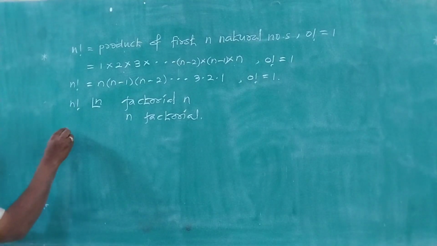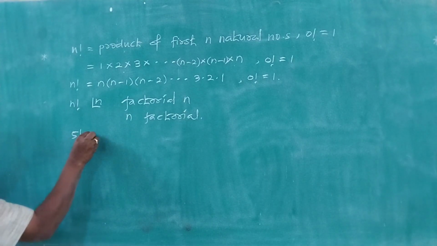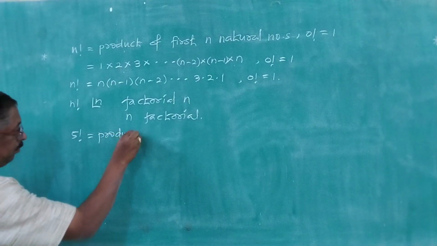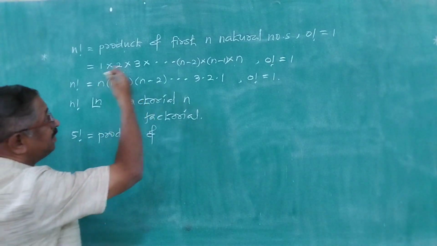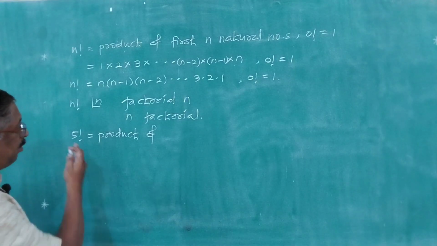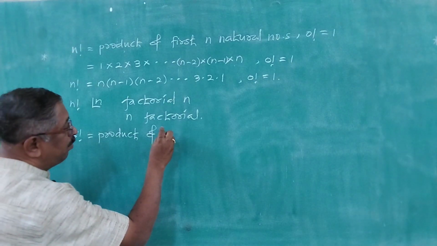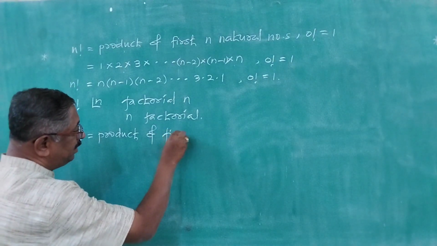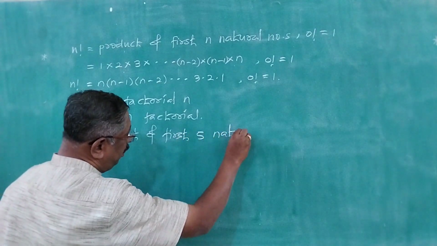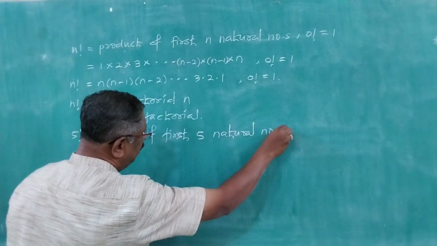For example, 5 factorial can be written as the product of, obviously, once we say that n factorial is the product of first n natural numbers, 5 factorial will be the product of first 5 natural numbers.